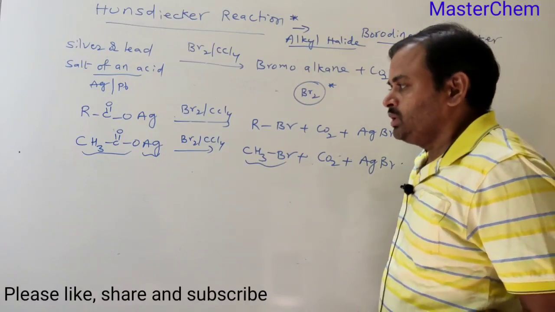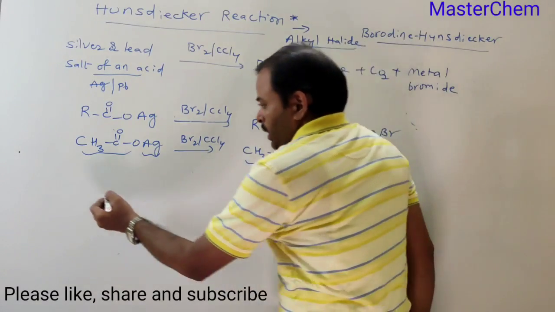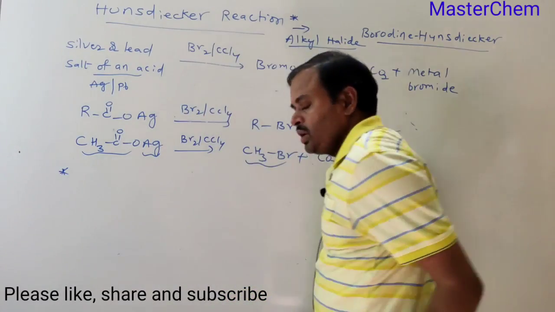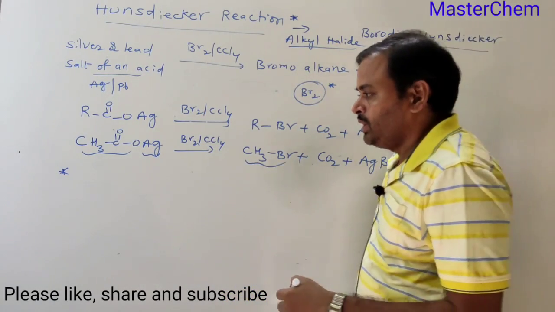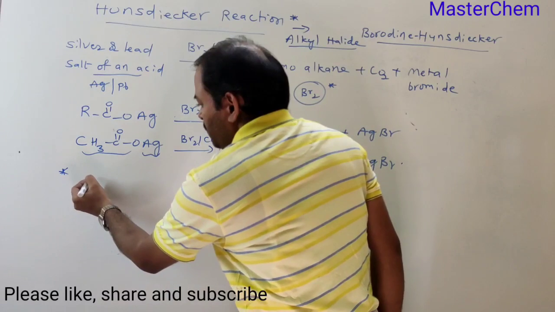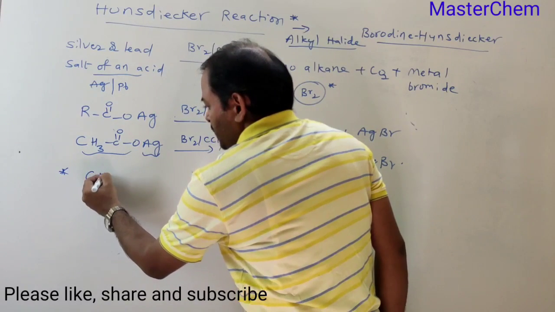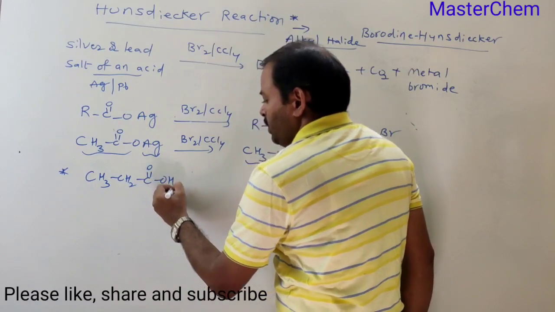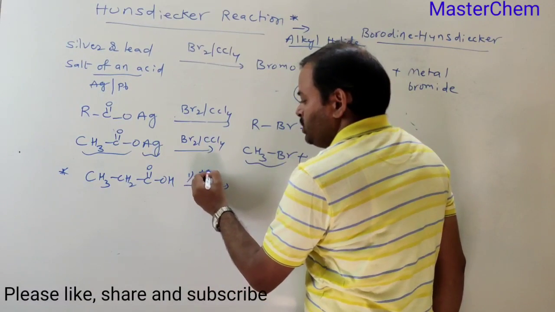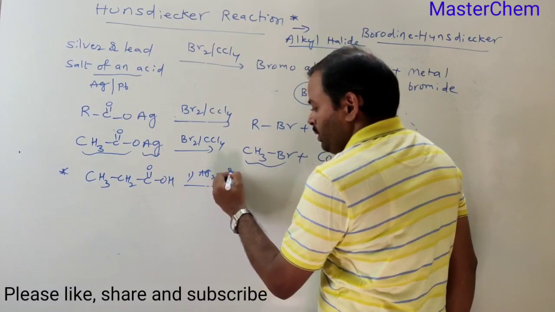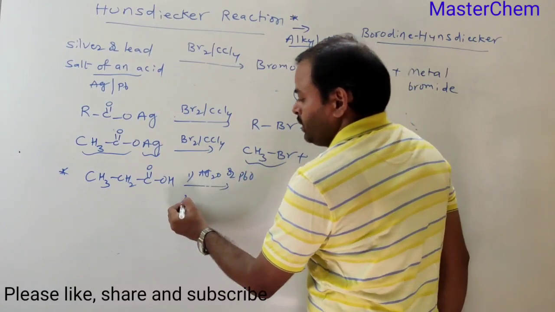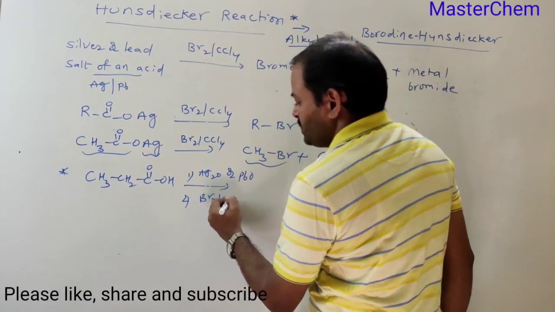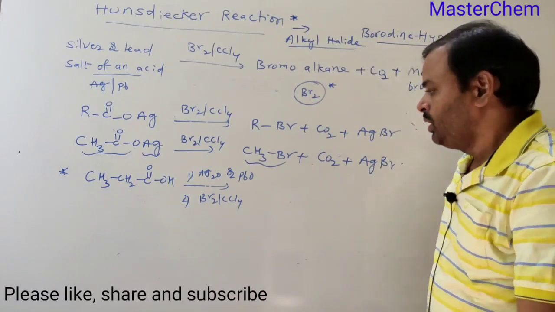Sometimes in examinations you may get an applicative type question. For example, CH3CH2COOH, with Ag2O or PbO, second step Br2 in CCl4.